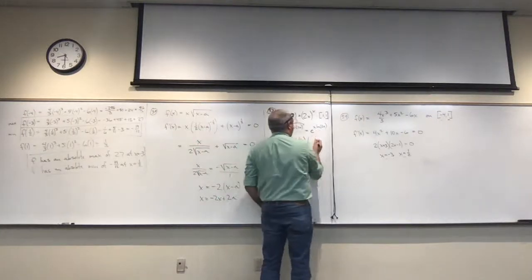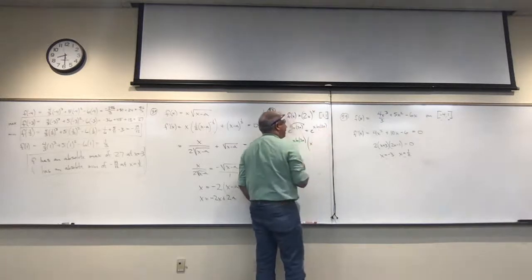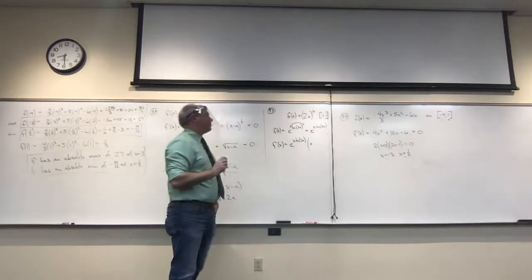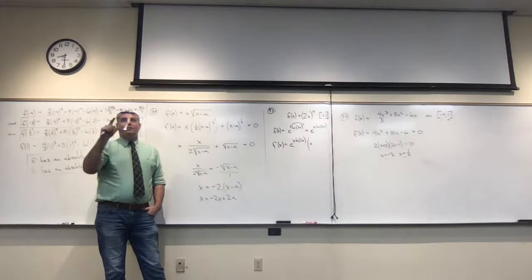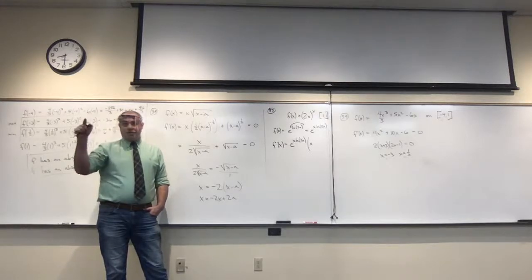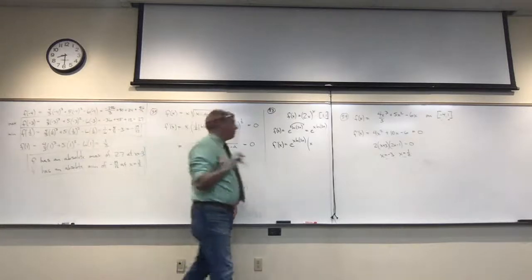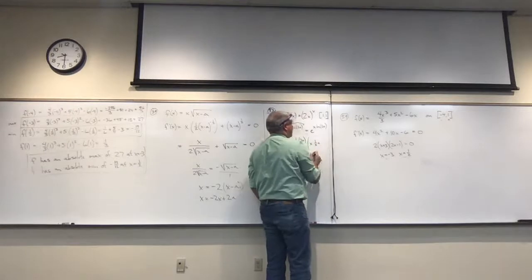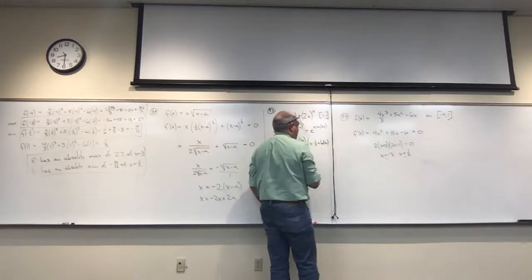So I take the first guy and leave it alone, times the derivative of ln of 2x. What is the derivative of ln of 2x? Yeah, 1 over 2x times 2 by the chain rule. So it just ends up being 1 over x. So times 1 over x plus the second, which is ln of 2x, times the derivative of x, which is just 1.